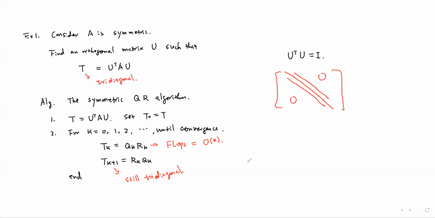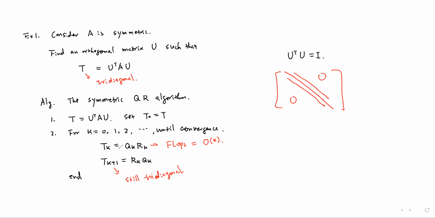So it is a huge saving of computational effort, right? The original matrix A, QR factorization is order n-cubed.